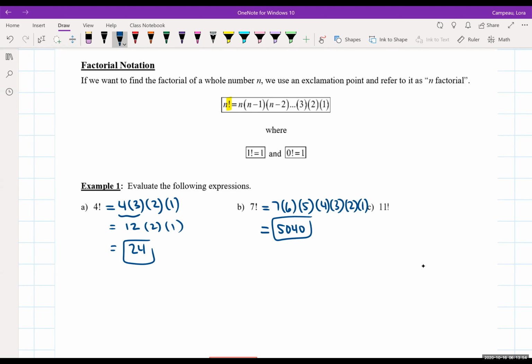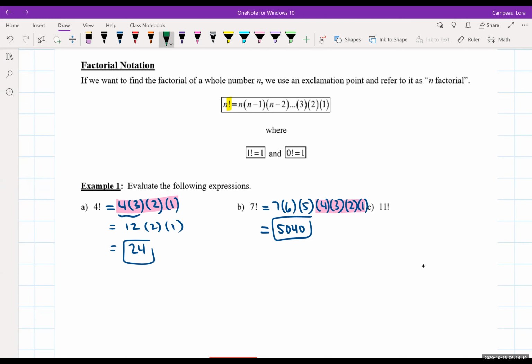I would like to call your attention to this if you do know previous values of factorials. So for example, we see 4 factorial as 4 times 3 times 2 times 1. So if we were going to look at 7 factorial, we do realize that we see the same factors, 4 times 3 times 2 times 1.